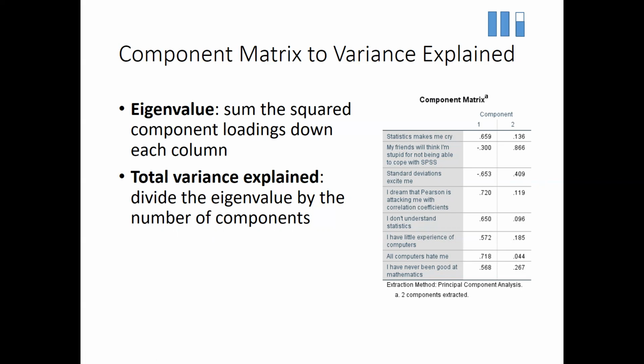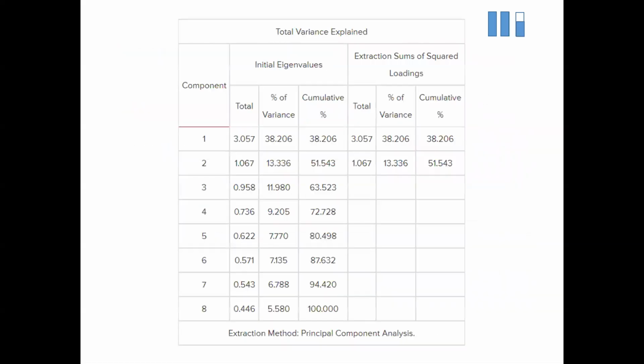How do we get from a component matrix to variance explained? All you have to do is square each of these values, 0.3 squared, 0.653 squared, 0.720 squared, and sum all of them together. I promise you, it's going to be 3.057.